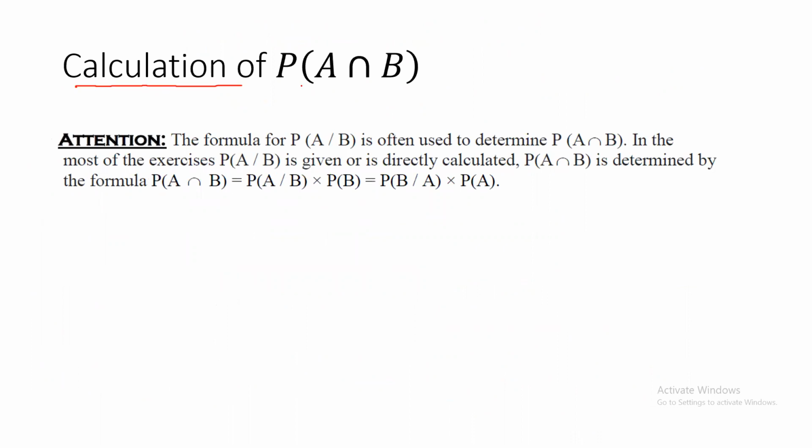Calculation of probability of A intersection B. In the previous part, we took probability of A given B. Now we are going to calculate probability of A intersection B. We saw a few minutes ago, what is the probability of A given B?